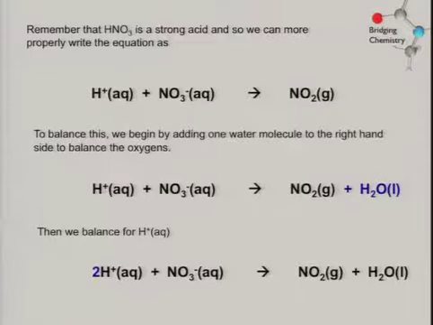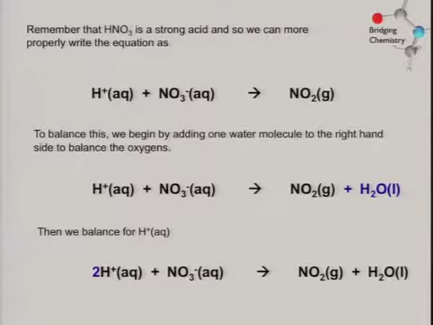Okay, so that's going to be the balanced for atoms one. 2H plus NO3 minus goes to NO2 and H2O. And then we need to put some electrons in there to finish it off. It's a reduction. Remember, the copper one was an oxidation because the copper loses electrons. So this must be a reduction, so the electrons go on the left-hand side. And to work out how many, we can work out the total charges.